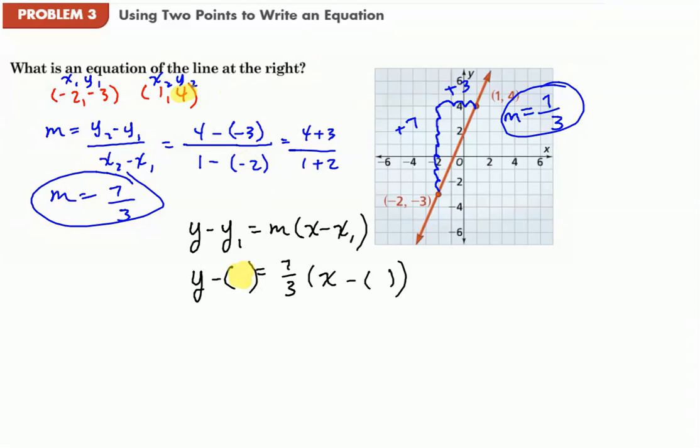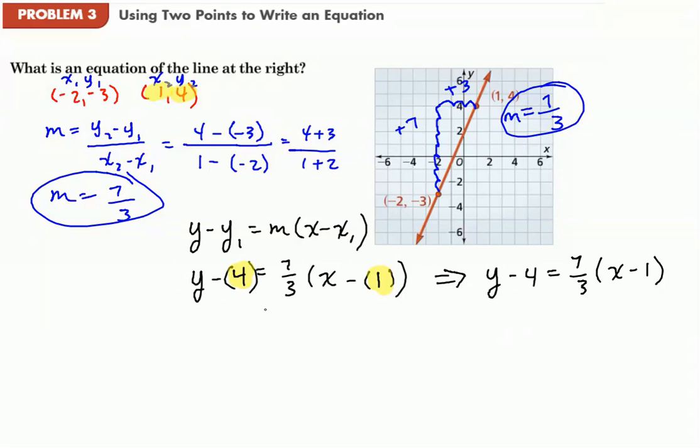It's not negative, so it's 4 itself. And then for our x value, that's going to be 1, so I would plug in a 1 for this point. Go ahead and simplify that. This is really y minus 4 equals 7/3 times x minus 1.